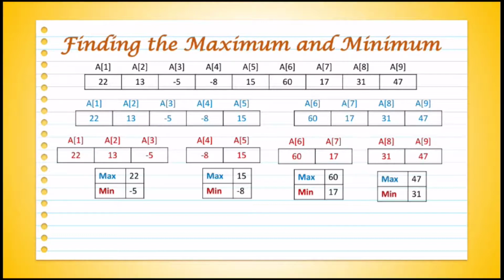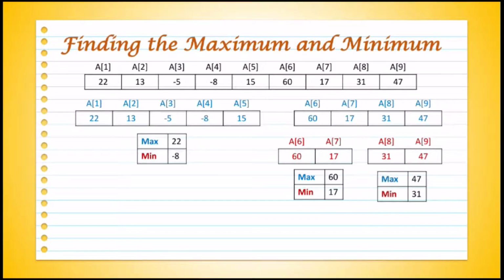Now we will combine this answer. So from the first 5 elements, that is 22, 13, -5, -8 and 15, 22 is the maximum value and -8 is the minimum value.